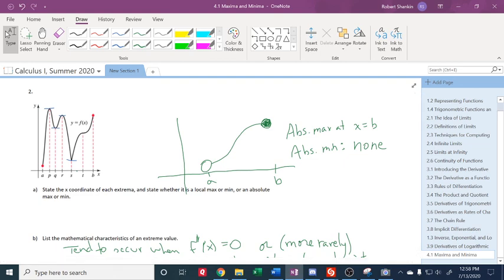Let me ask group 3. No, that was group 3. Group 2, do you have anything on that? Jaden's supposed to be our spokesperson, but I don't know if he's.